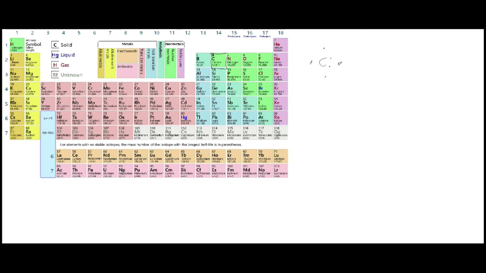And in the next video I will talk about why this property is important of having these 4 lone electrons in the outer shell. But for now we can say that carbon, with the electrons as we built them up in the orbitals, first has these 2 in the inner shell, which are going to be the 1s, and we use a superscript 2 to show how many there are.